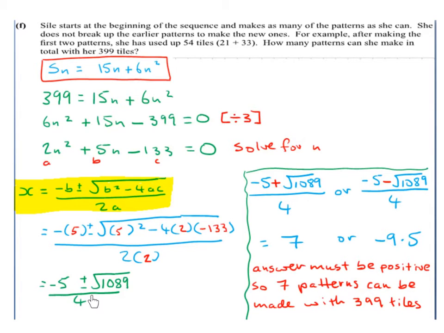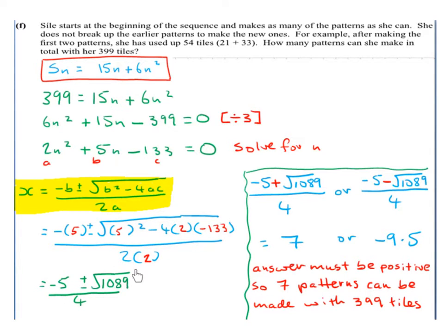Okay, so we're going to break this up into 2 parts now, one with a plus and one with a minus. So we have minus 5 plus the square root of 1089 divided by 4. Or we're going to do the same with the minus: minus 5 minus the square root of 1089 divided by 4.